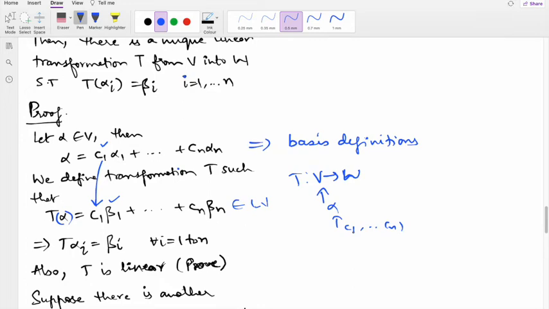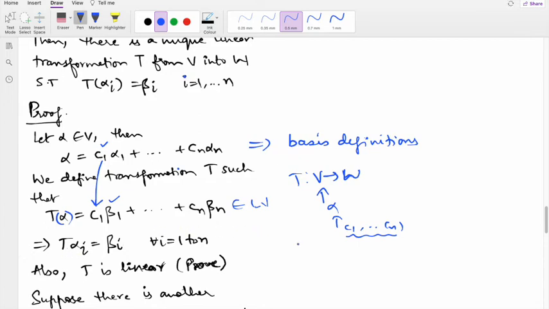It takes the same scalars C1 to Cn and multiplies them with beta 1 to beta n, and the result of applying this transformation T on alpha is this particular linear combination. That's how I'm defining T.